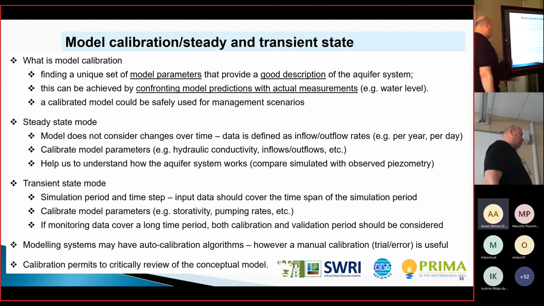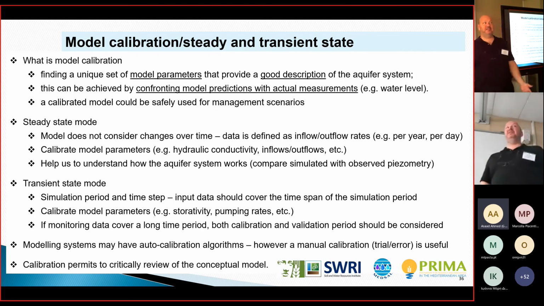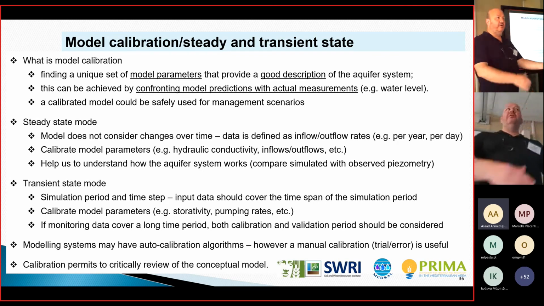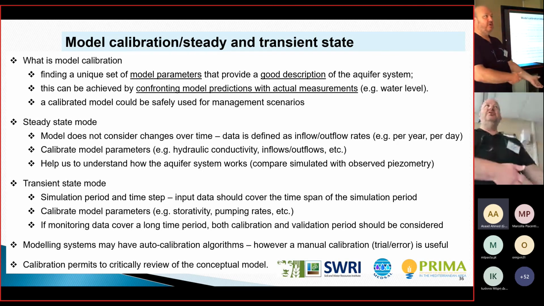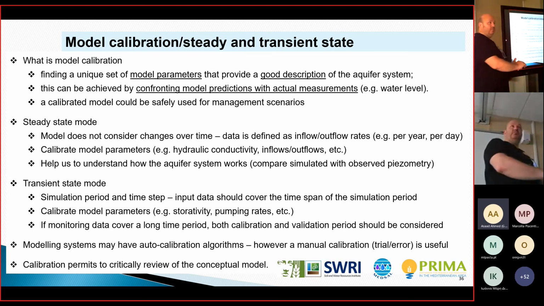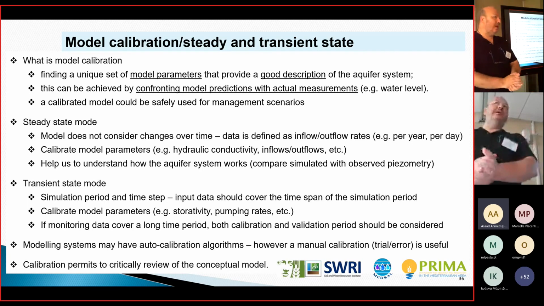And of course, the calibration procedure allows us to critically review the conceptual model. This means that if something goes wrong during the calibration and we don't like the results because they are not in agreement with the observations, we can go back to the conceptual model and change something because something was overestimated or underestimated.